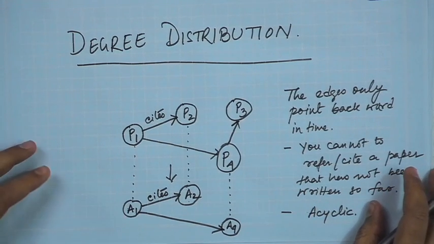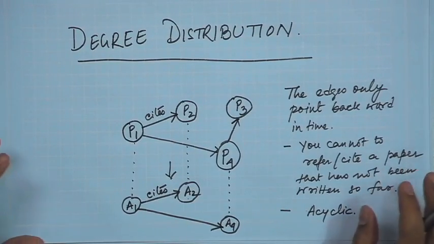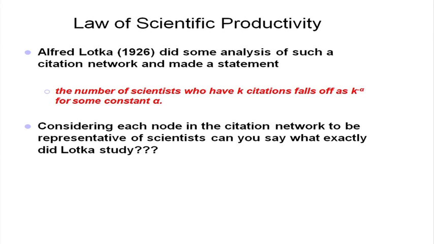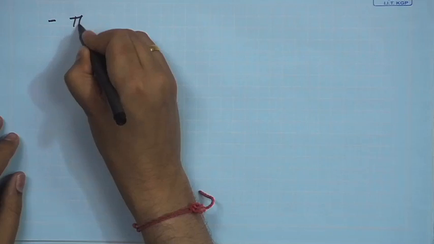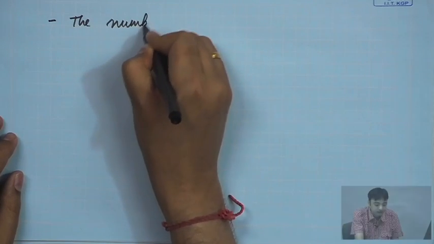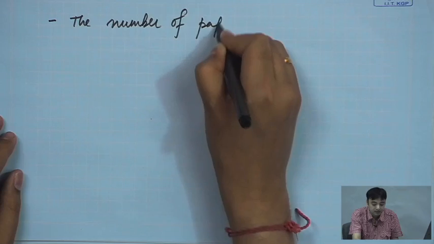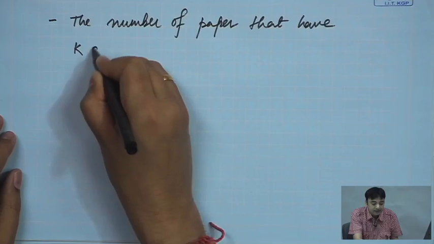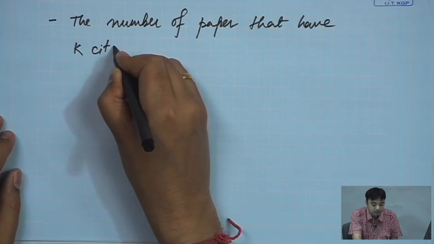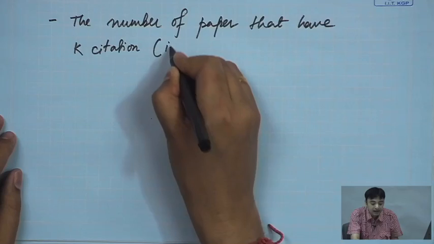Now, when this construction was made, there was a famous scientist called Alfred Lotka in 1926. He observed a very interesting phenomenon, and you can write it both in terms of papers as well as in terms of authors. The number of papers that have k citations, that is in degree.